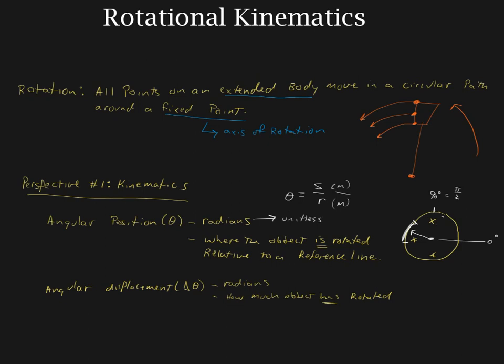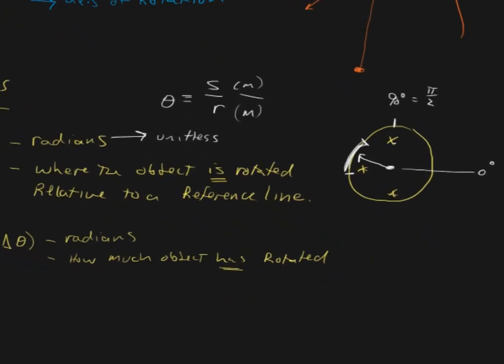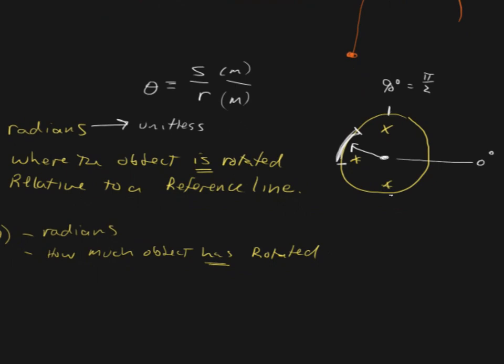So, in other words, we start at maybe pi over 2 radians, and if we go to 3 pi over 2 radians down here, then our displacement is going to be from here to here. So the displacement delta theta in this case is going to be, just like in translation, by definition, delta theta is equal to theta final minus theta initial.